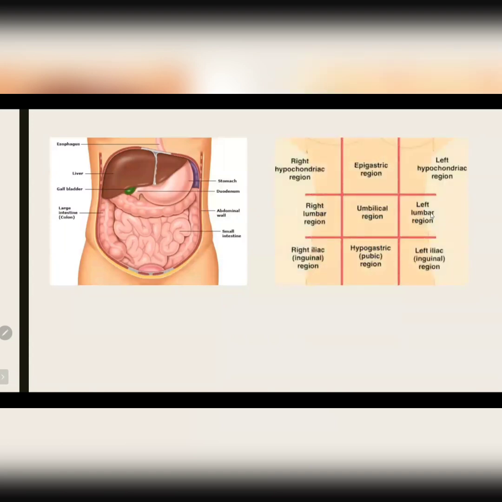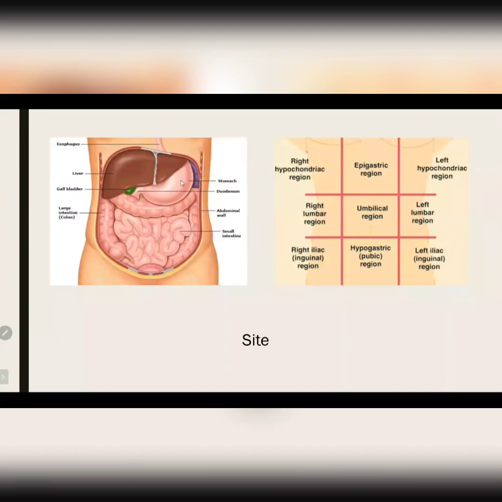Now we've learned about the regions of the anterior abdominal wall, and I told you we'll be using these regions to correlate the site of the organs within the abdominal cavity. So I've shown you the position of the liver in situ within the abdominal cavity and the regions of the abdomen.